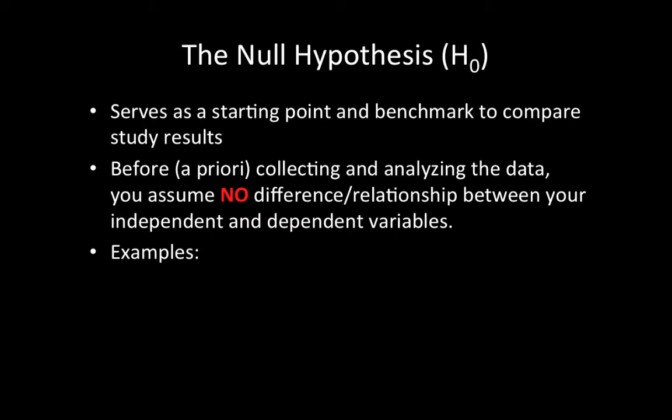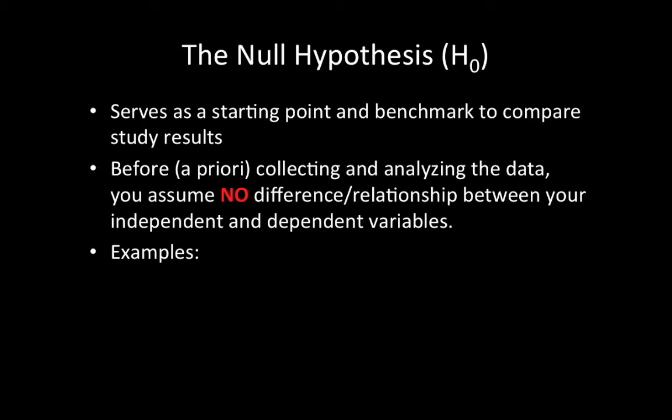But really, if you had no idea of what causes that, you would assume that between skinny children and fat children, or between boys and girls, or athletic or not athletic, there's going to be no difference between them in terms of obesity, or between fast food consumption or fruit and vegetable consumption and obesity. If we had no prior knowledge about this, we would assume that there were no differences.